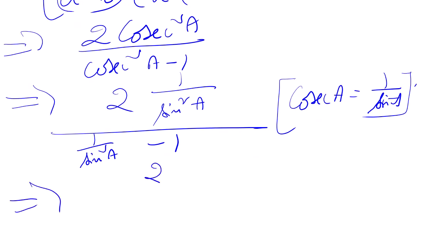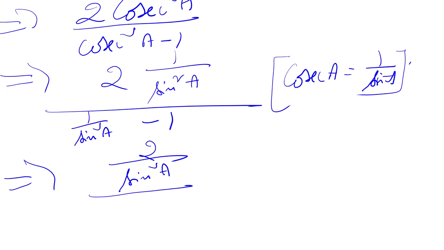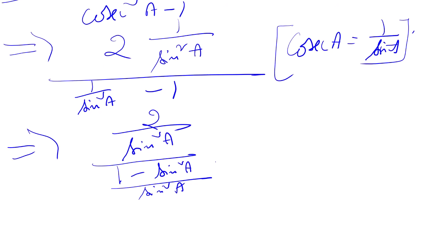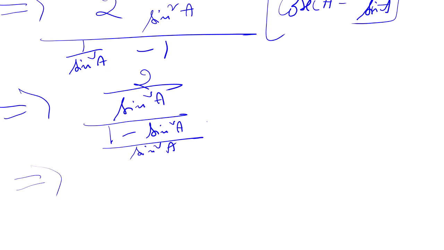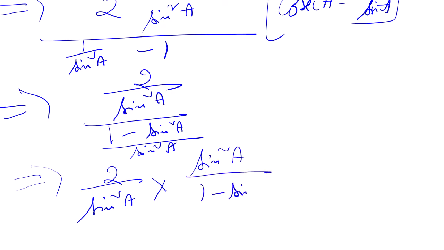So this implies 2 upon sine square A upon 1 minus sine square A upon sine square A. Okay. So when you multiply with the reciprocal, this will become 2 upon sine square A into sine square A upon 1 minus sine square A.